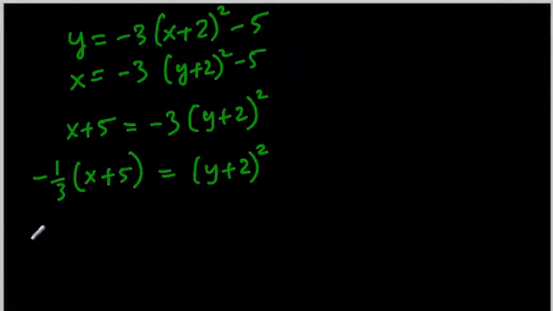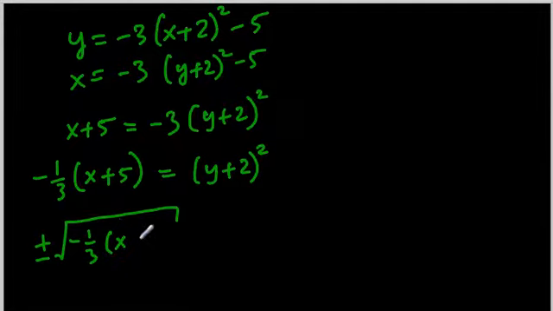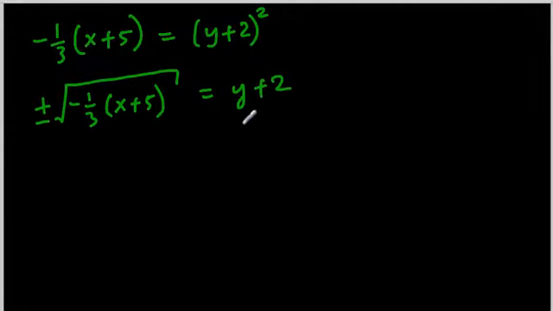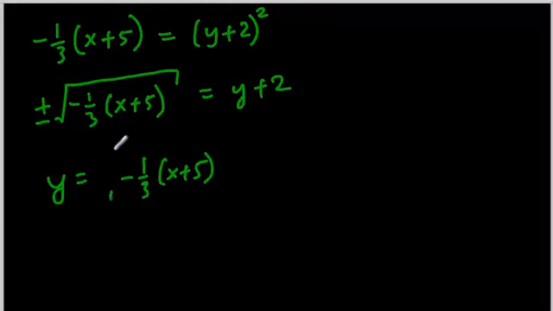Remember, I'm going to write plus or minus square root this time, but it's just temporary. So the square root of negative 1/3 (x plus 5) is equal to y plus 2. My final step is y is equal to plus or minus the square root of negative 1/3 (x plus 5), and then minus 2, because I subtracted 2 from both sides.